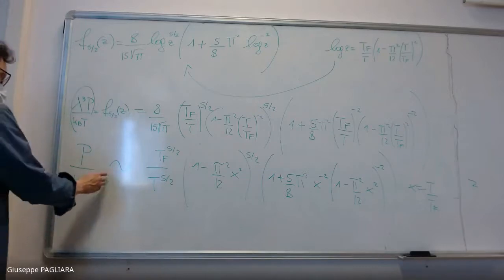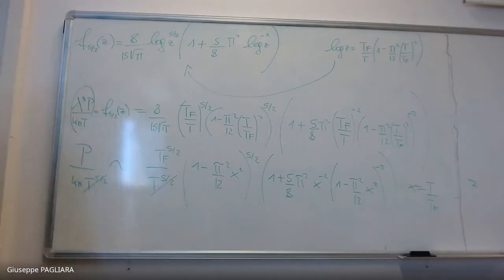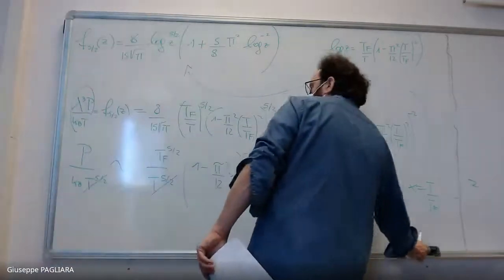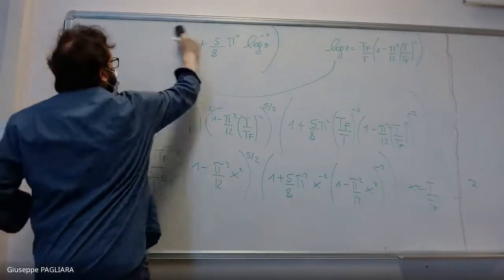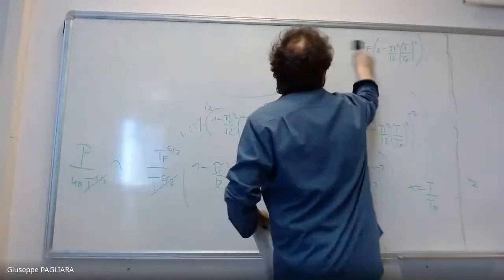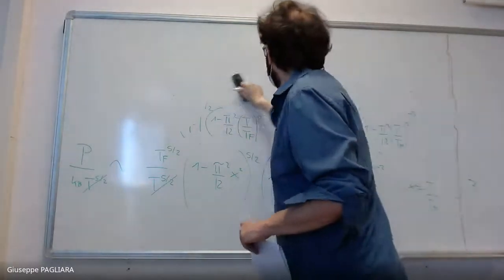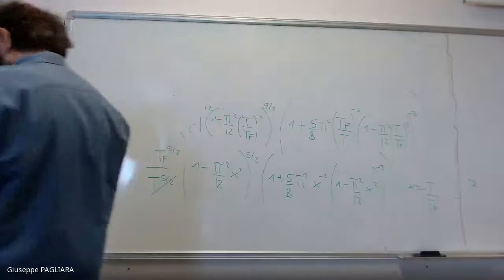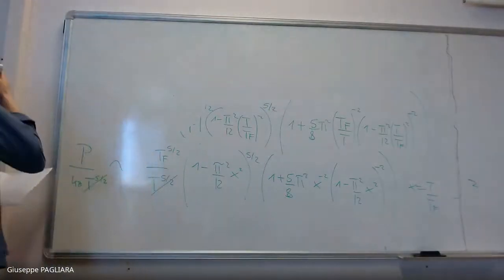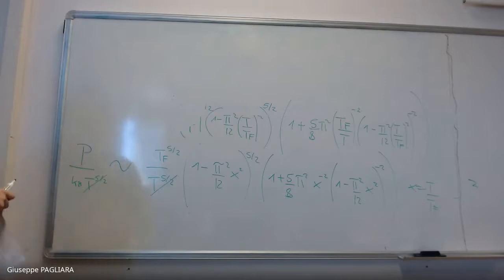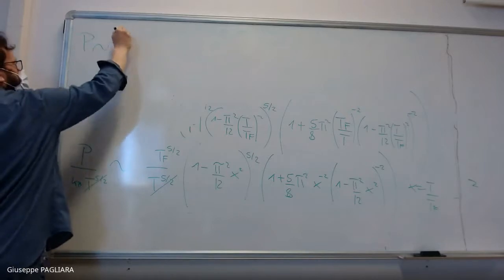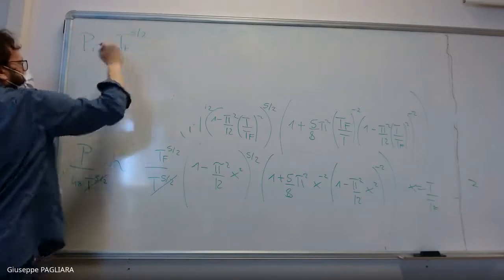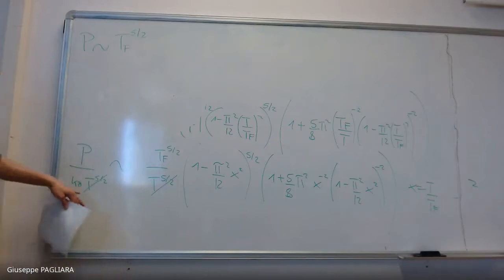So from this, you see that the T to the 5 half and the T to the 5 half drop. Then the pressure is equal to something which is k_B to the power of 5 half, T_F to the power of 5 half. I'm just considering the important quantities, not all the prefactors.